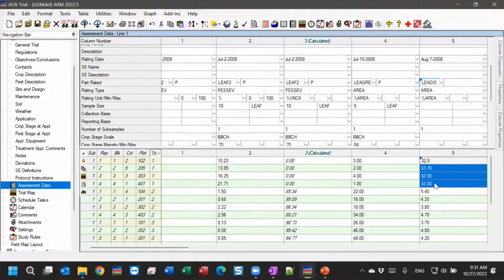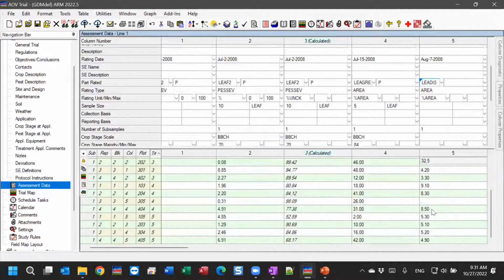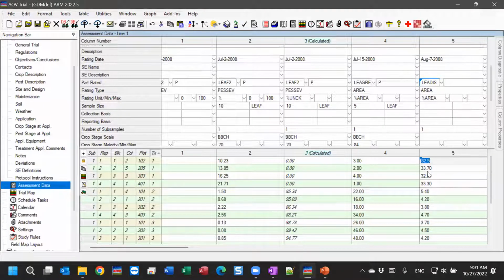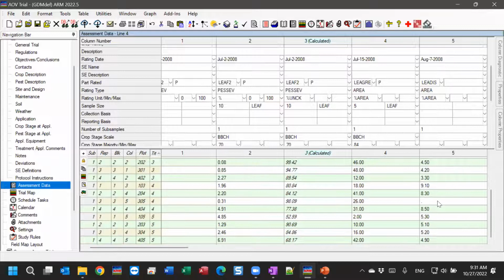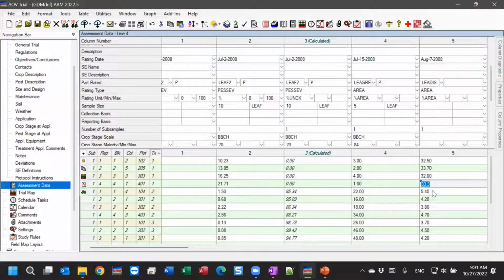So obviously the untreated was far more affected than our treatments, and so it may make sense to leave out the check. Maybe that's not part of what we care about at all. Of course, our products are better than the check. They're better than doing nothing. I'm more interested in the difference between our treatments. That can be helpful sometimes, to toss out that check and basically zero in on the treatments.